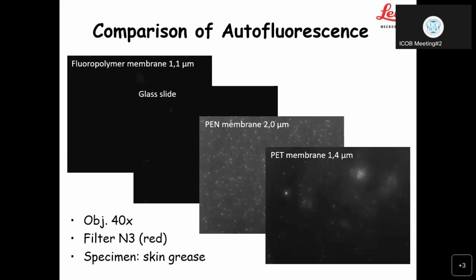Fluoro membrane offers less autofluorescence compared to PN membrane, but PT membrane might also be suitable for your fluorescent dye. The PEN membrane, not shown here, is also suitable for fluorescent samples.